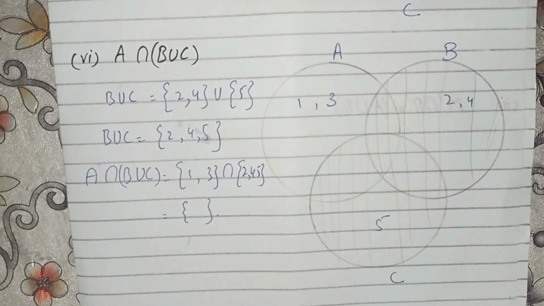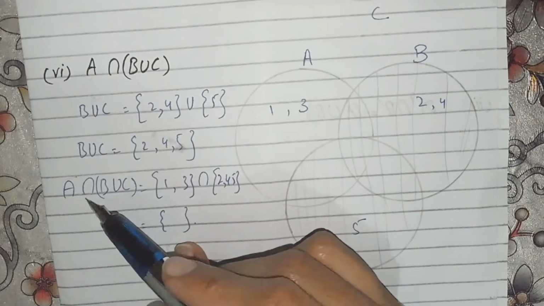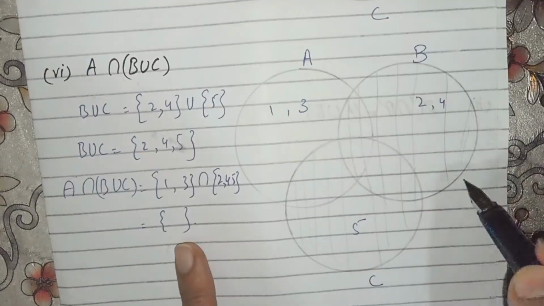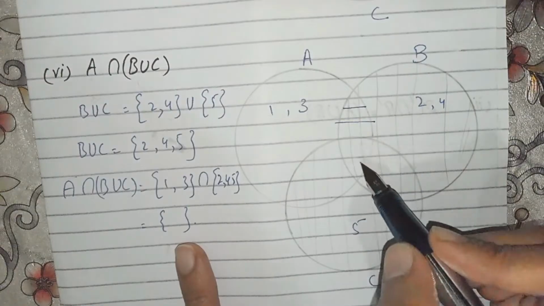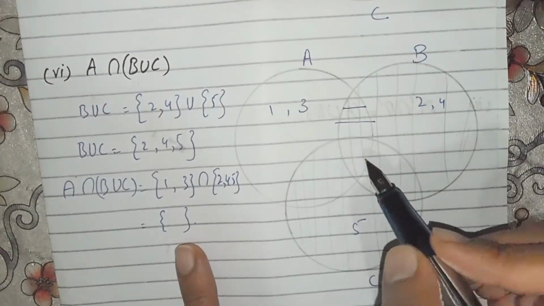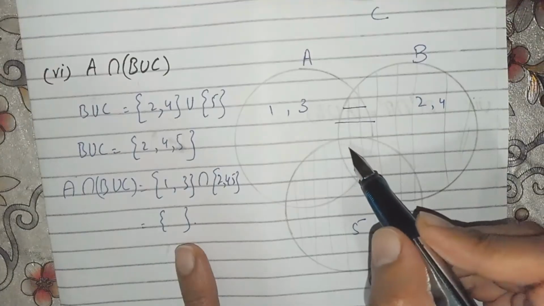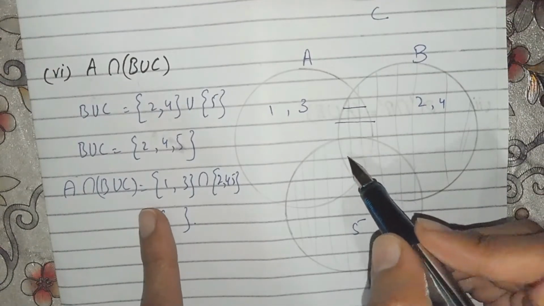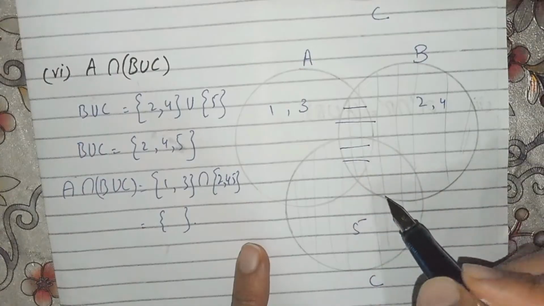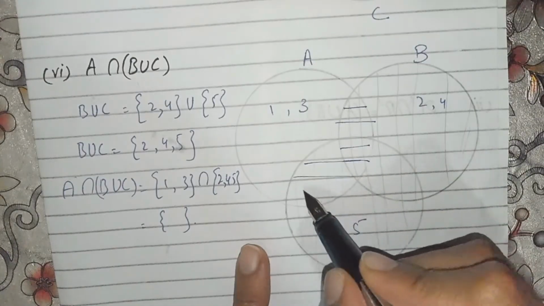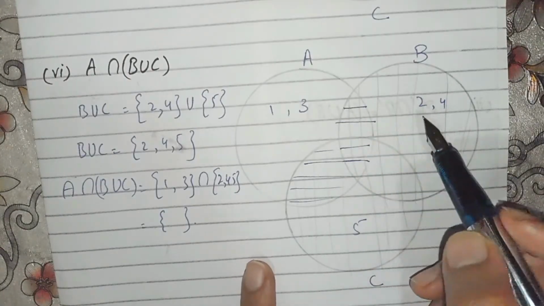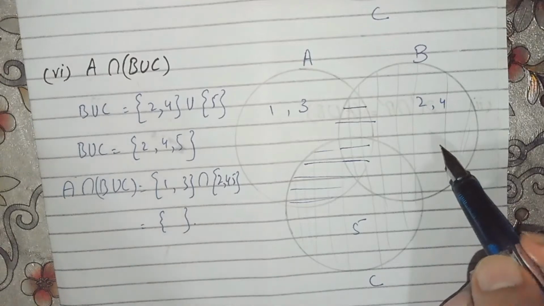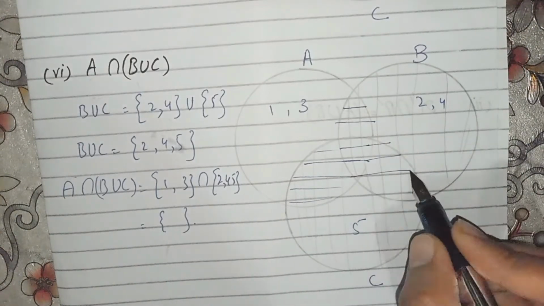Now we have to find the A intersection B union C. To take the A intersection B union C, this is A union B. We have to take what is the common. This is the common of A intersection B. This is also in the B union C, and this is the common in both A union B, and yes, this is also the common.